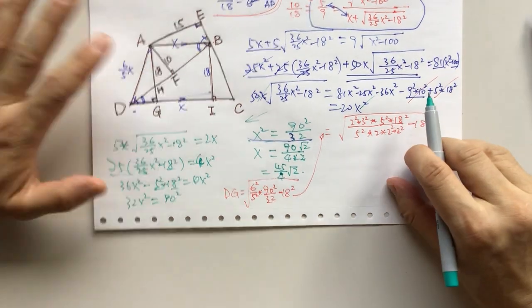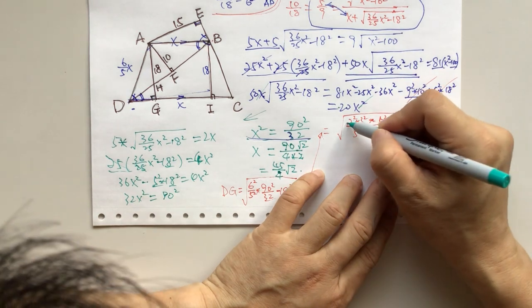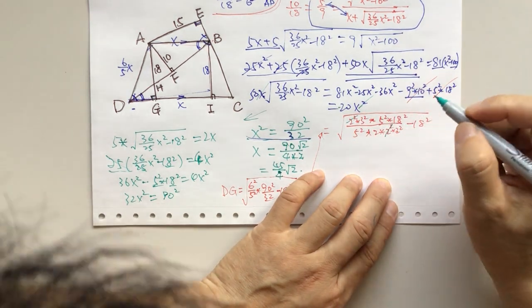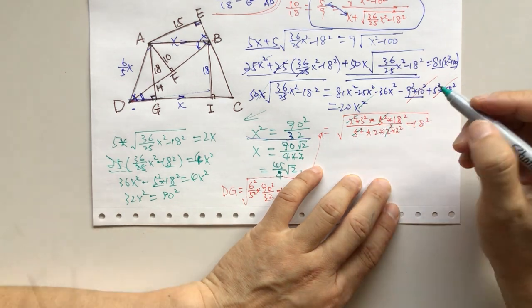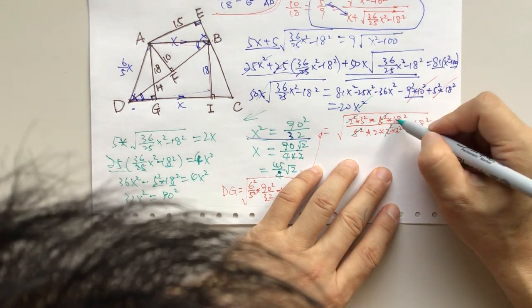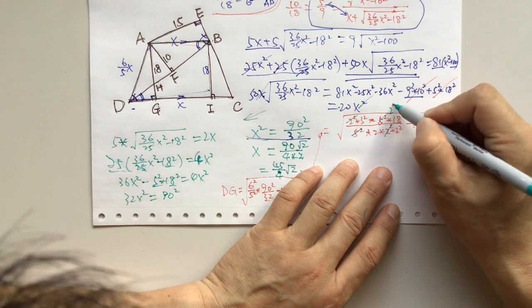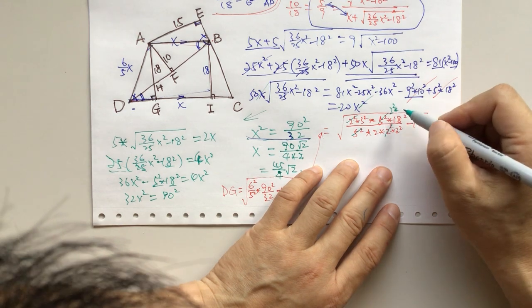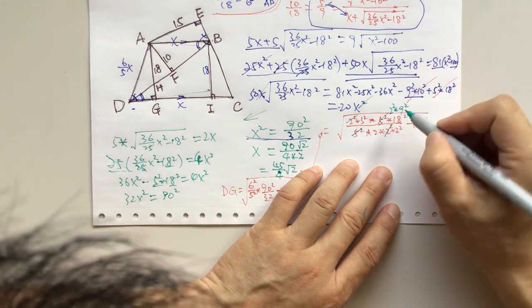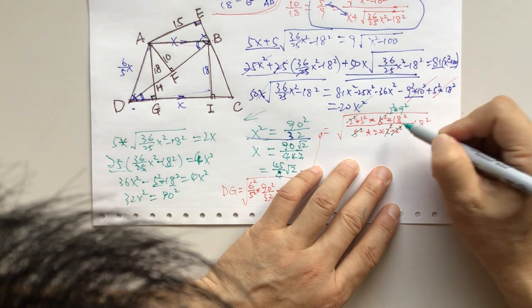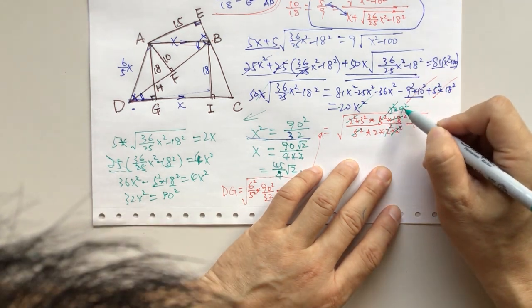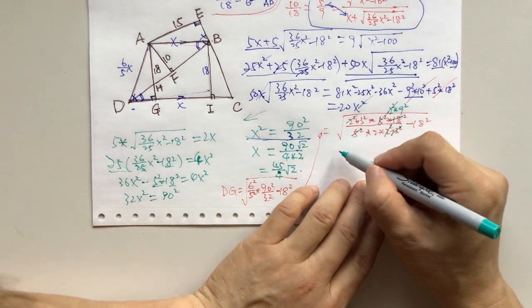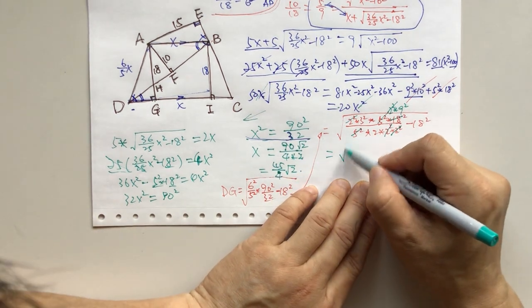And how much can we get? 2 squared and 2 squared just cancel, and 5 squared and 5 squared just cancel, and here 18 we can use 2 squared times how much? 9 squared, right?